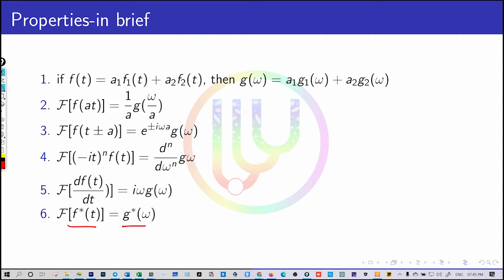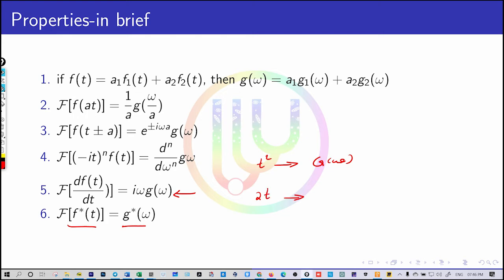Okay, so let me ask you a question. If some function t square has Fourier transform of g of omega, then what is the Fourier transform of 2t?